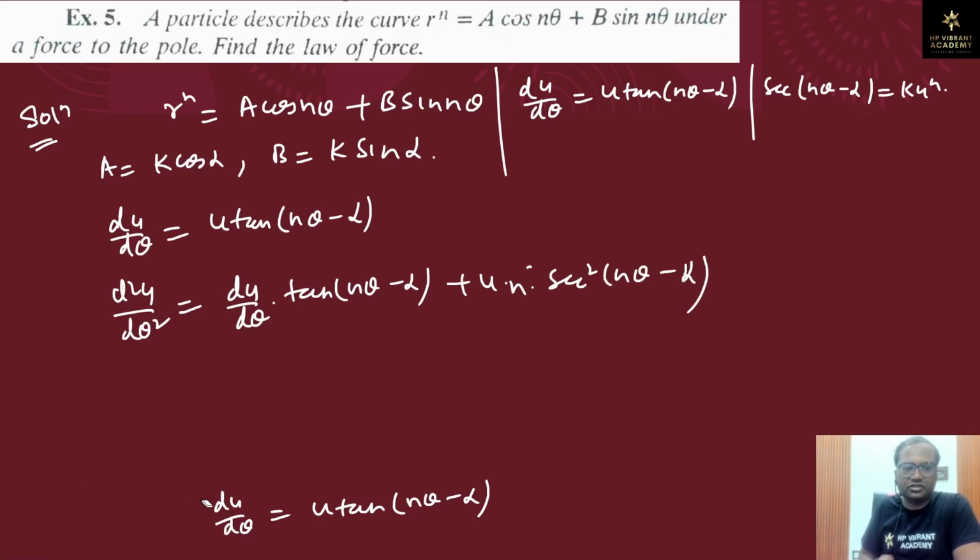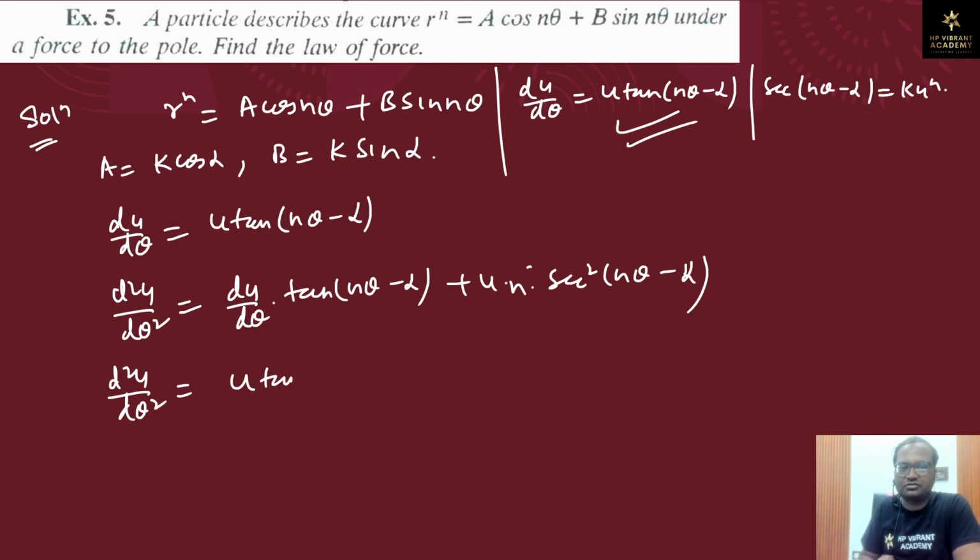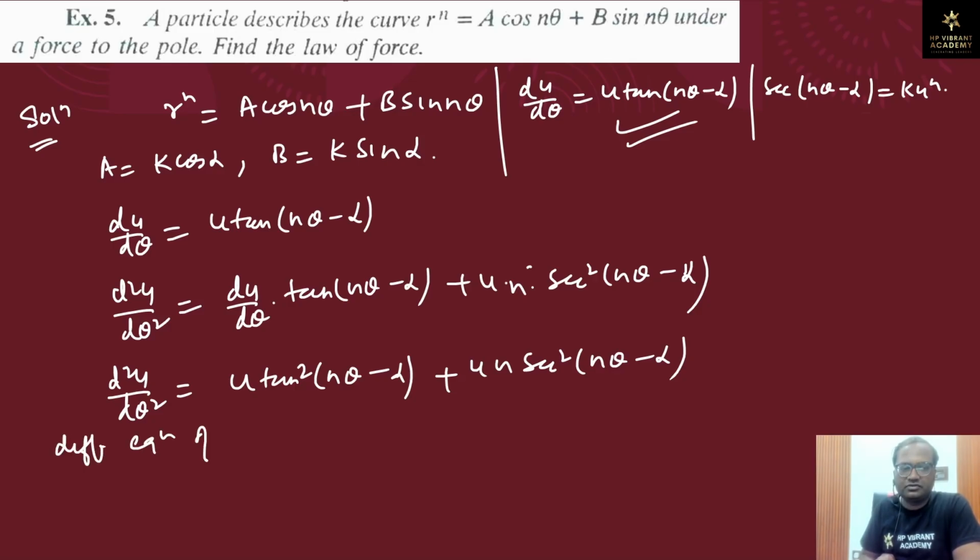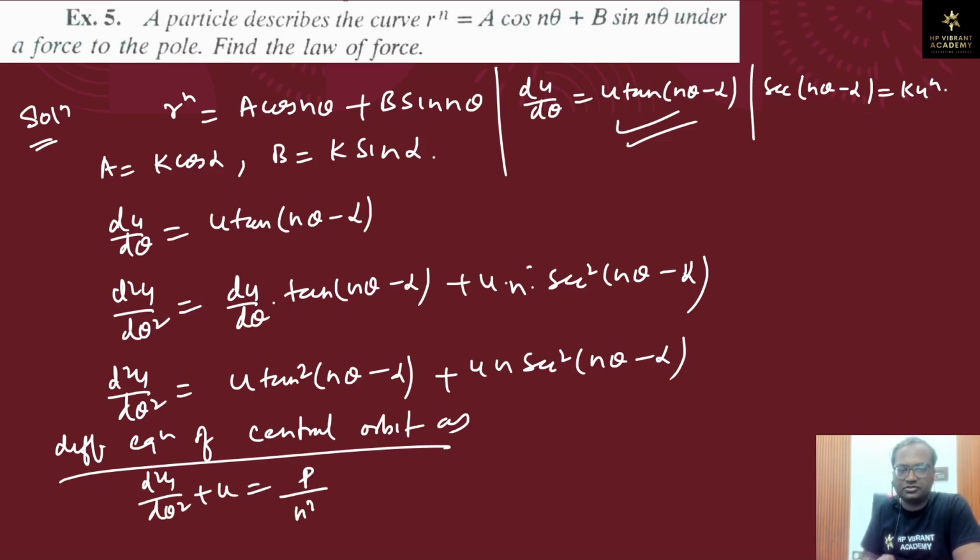Okay, so let us put the value of du upon d theta. So we have d2u upon d theta square is equal to, we have du upon d theta as this expression, so u tan square (n theta minus alpha) plus u n sec square (n theta minus alpha). Okay, so we have the differential equation of central orbit as d2u upon d theta square plus u is equal to p upon h square u square.